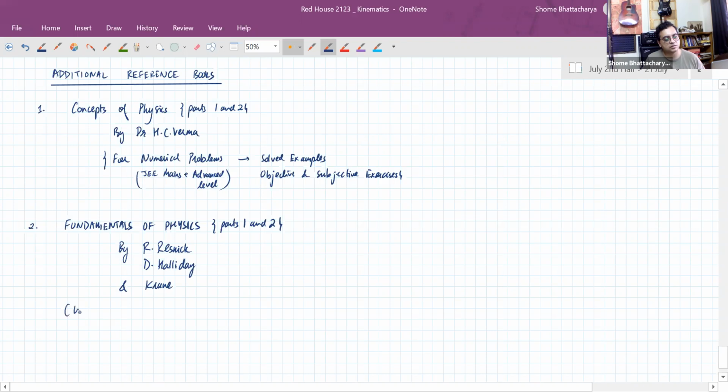This is by Wiley Eastern Publications. So use this for theory reading only. Okay. Don't do the numerical problems in this because it's very basic level, formula based kind of thing. But for detailed analysis of theory and definitions and reading, this is a very good book.